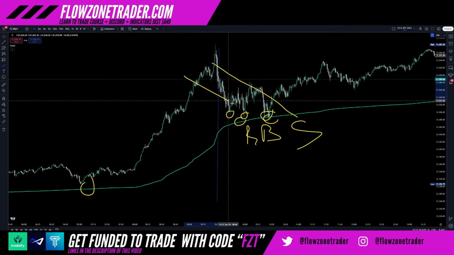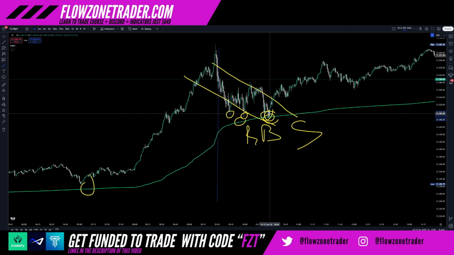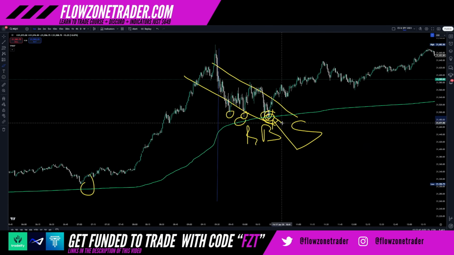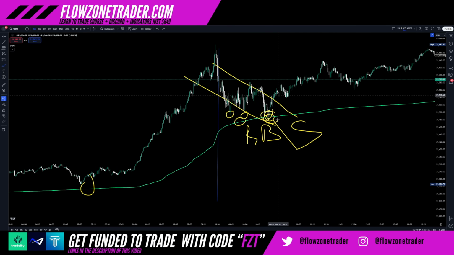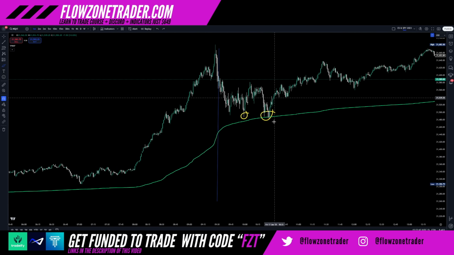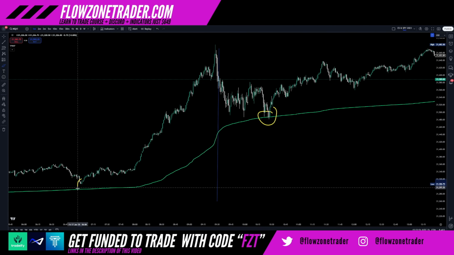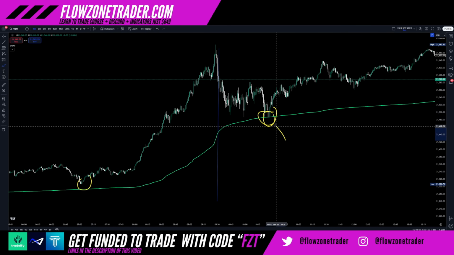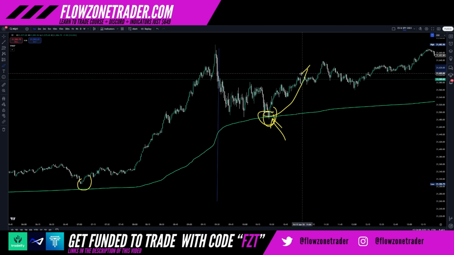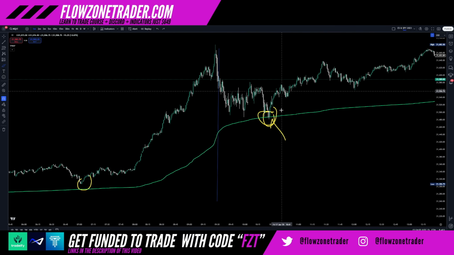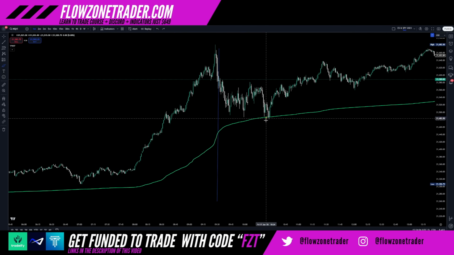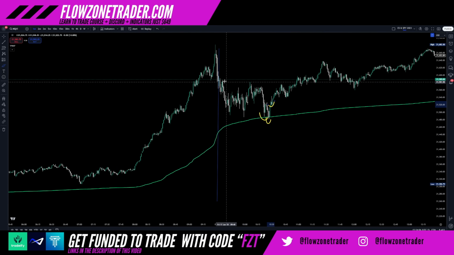So we build out a nice level of liquidity here into the volume weighted average price. We manage to hold that volume weighted average price because it's deemed as fair value. So buyers who participated down here start to participate again here. And then we can look for structure to start participating in for a bullish move away from the volume weighted average price. Now, in this case, that structure could be something as simple as this.